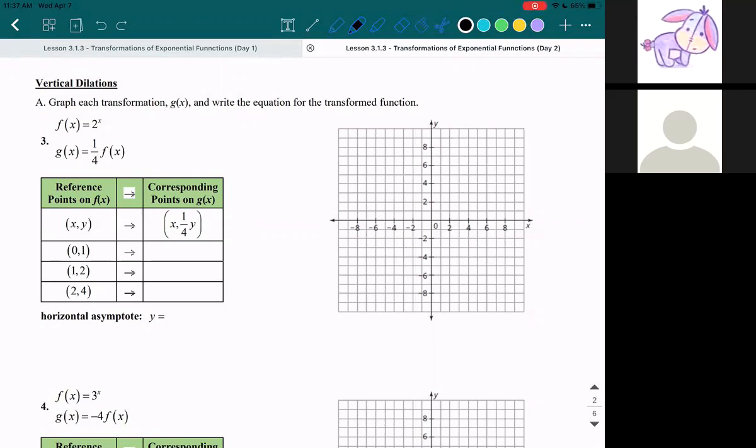So let me draw you the original happy face. Okay, so here's a happy face. If I'm going to vertically dilate this, let's say I'm stretching it out, okay? So this is a vertically dilated happy face.